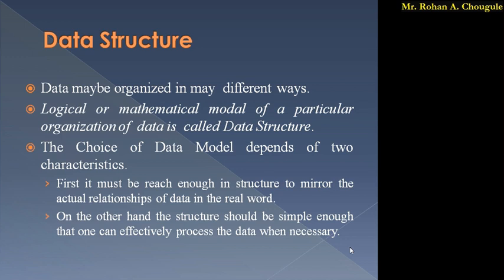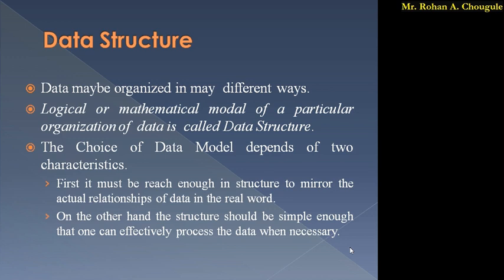Next we have seen the concept of data structure. So basically a data structure is a logical or mathematical model of a particular organization of data. So here in this case, the choice of data model depends on two characteristics.